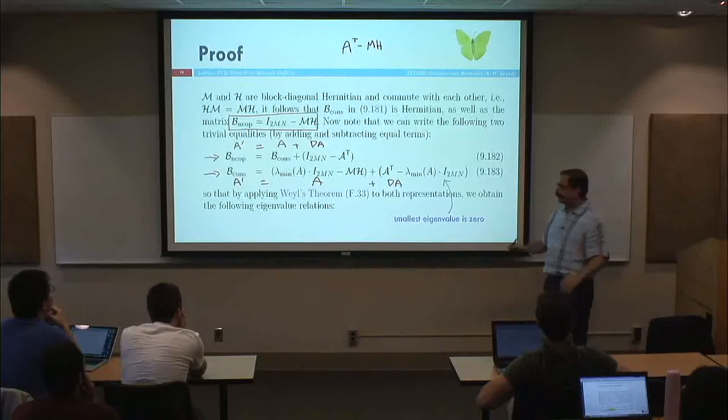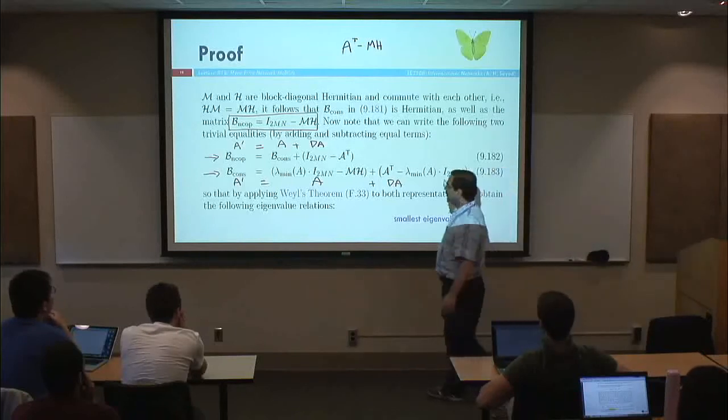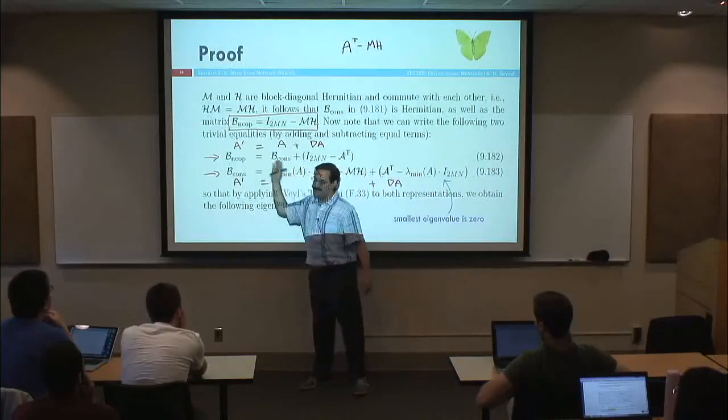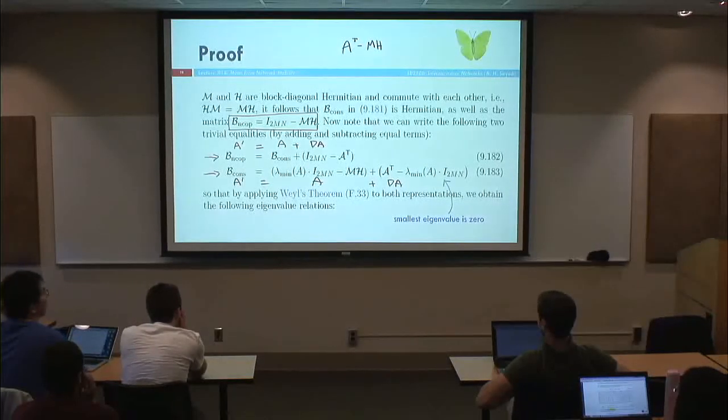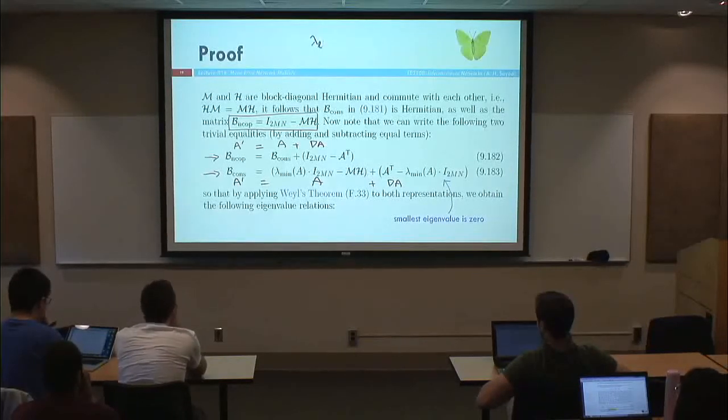Fine? You understand? Okay, so for example here, this is telling you that if I take, let's say, the nth eigenvalue of the non-cooperative B, right, this one, it lies between two bounds, correct?